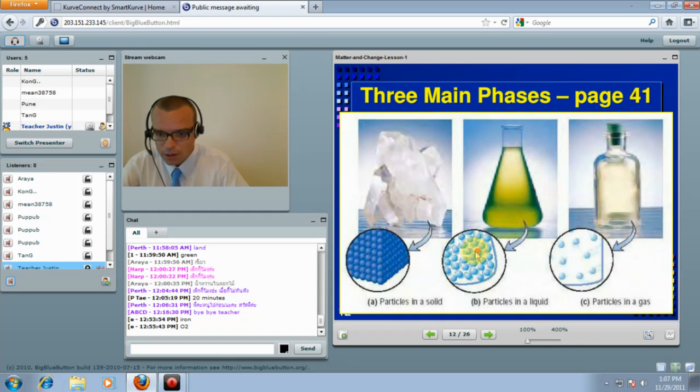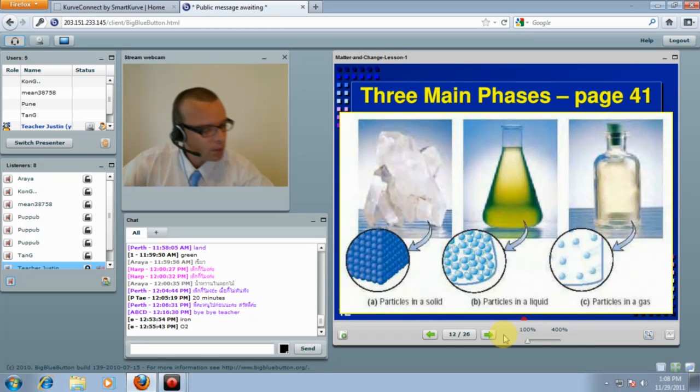Again here, in the liquid, they're not as tightly packed. They will move around more freely. And in your bottle of gas here, I'm not sure what gas that is, but you'll see they're a lot further apart, and you can't see it here, but they will be moving around a lot faster than the particles in the liquid, and especially in the solid. Did I have anything else on that? I don't think I did.